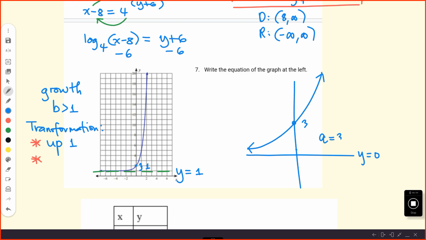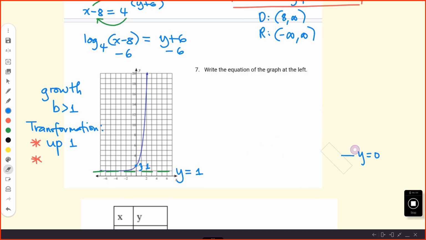All right, so now let me write the equation here. We can write this as y equals a times b raised to x, and then plus 1.